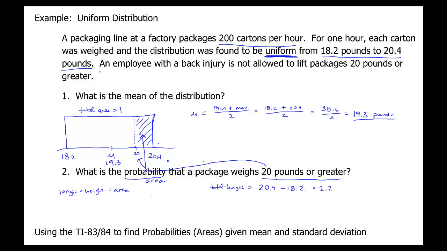And then we know that area is length times height. And if we want to solve and figure out what the height is, we can do area divided by length. And we know the area is 1. And now we know the length is 2.2.